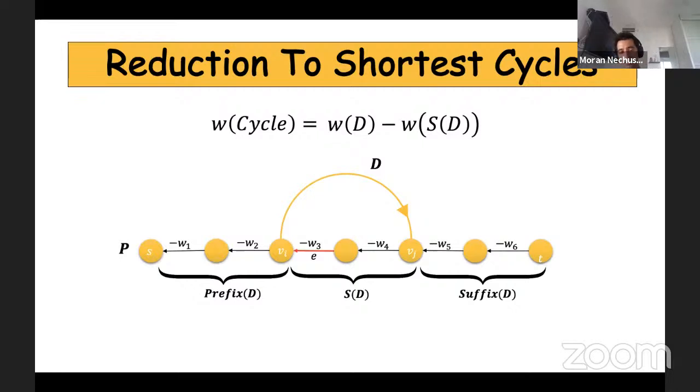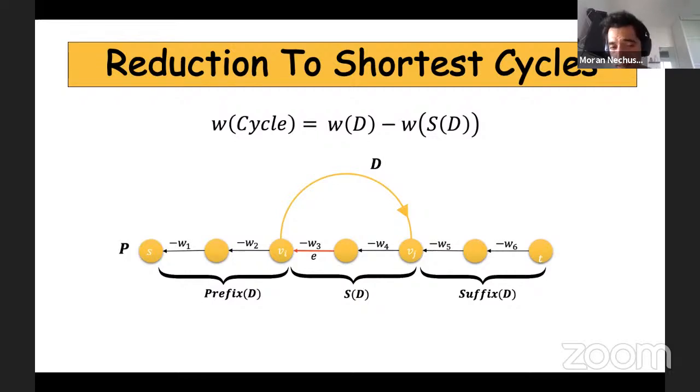It requires some details, but basically this trick of flipping the orientation and the sign of the weights enables us to solve the problem with the ability of finding for every edge the minimal weight cycle that contains that edge.